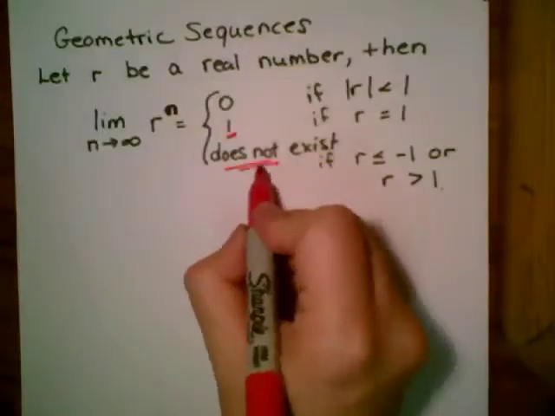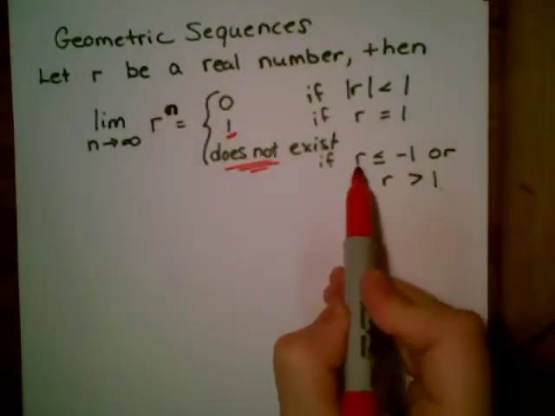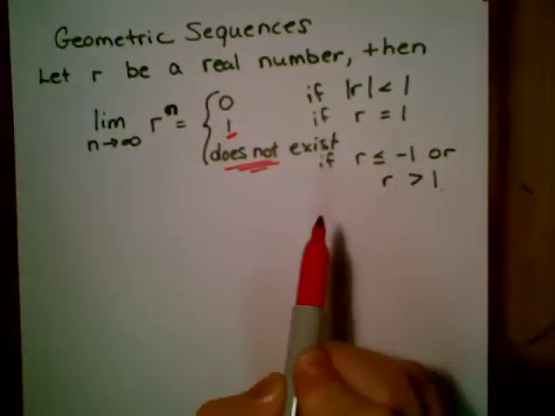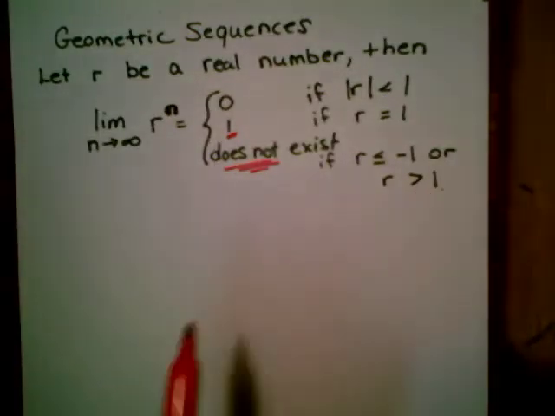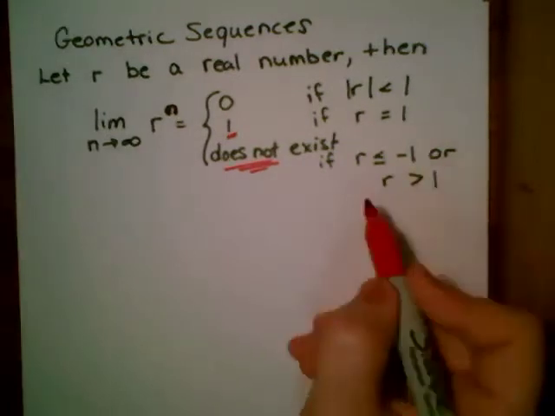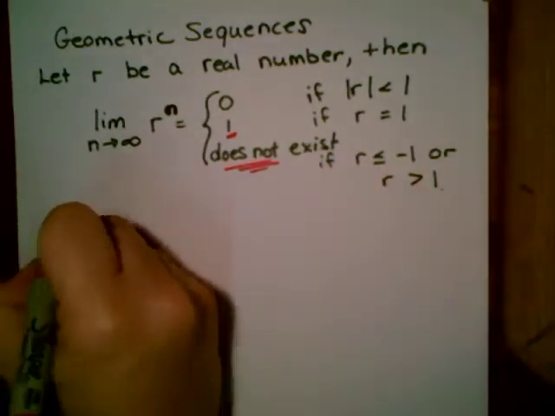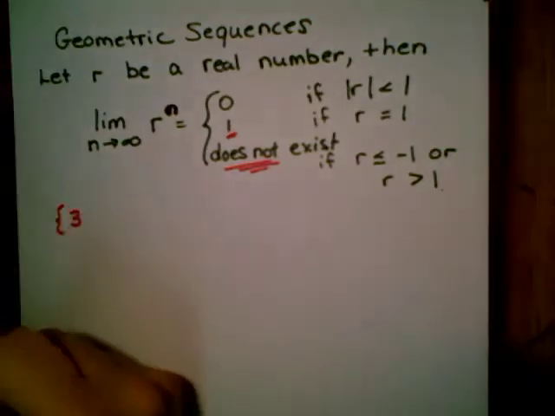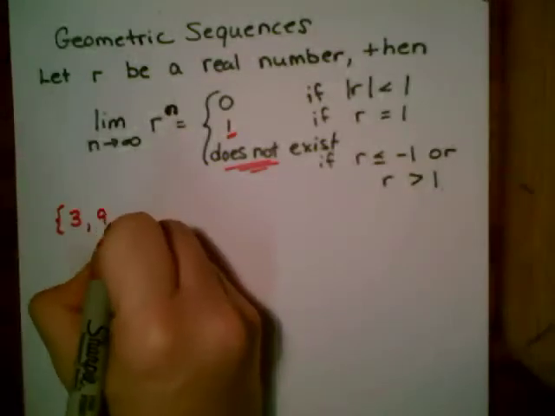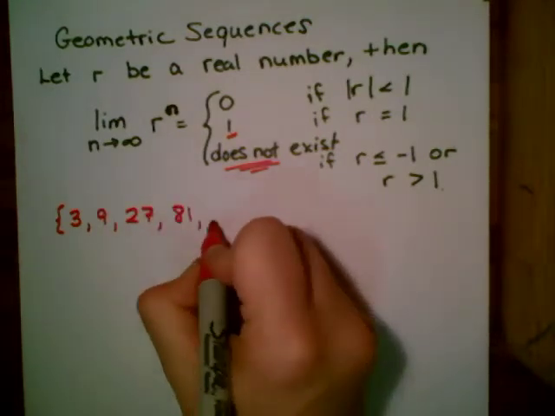And the limit of the sequence just won't exist at all if the common ratio is less than or equal to -1, or if r is greater than 1. Okay. Well, let's look at an example where r is greater than 1. Let's start with 3. 3 times 3 is 9, times 3 is 27, times 3.